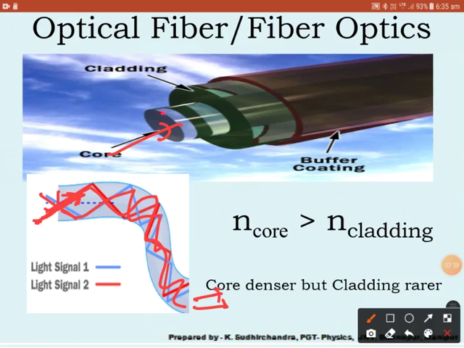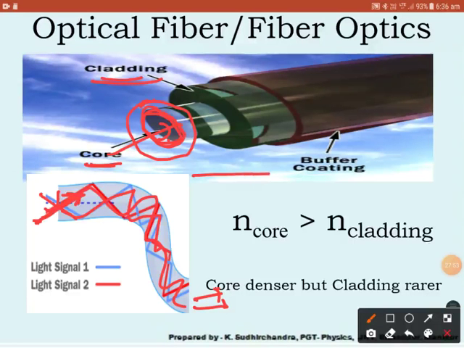So there will be two transparent structures, one at the middle called the core, enveloped by another material known as cladding. When you compare the core and the cladding, the refractive index of the core must be greater than that of the cladding. Cladding means the surrounding envelope to this core.